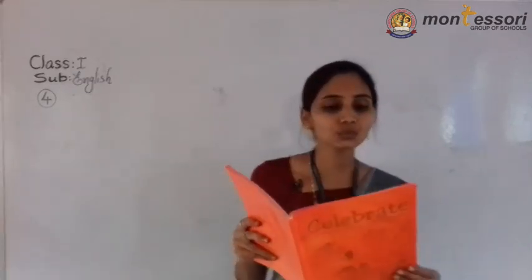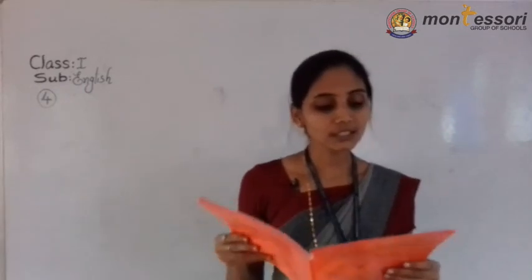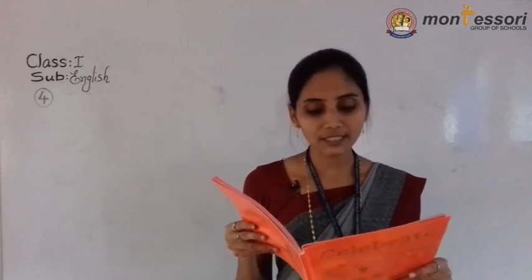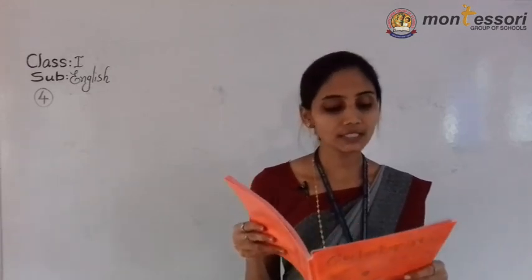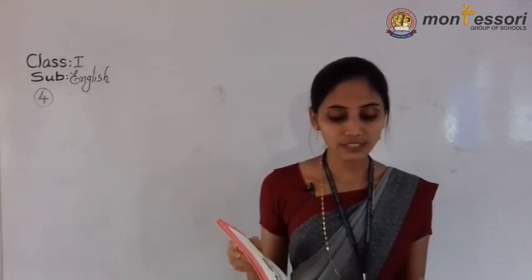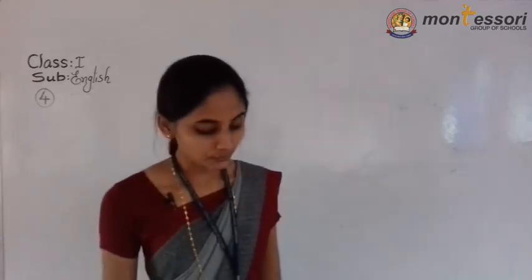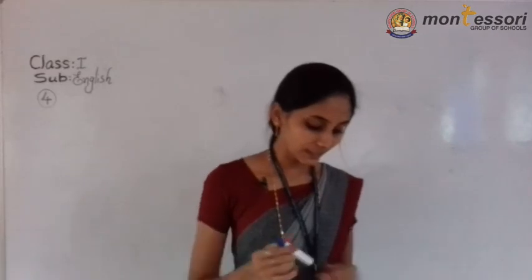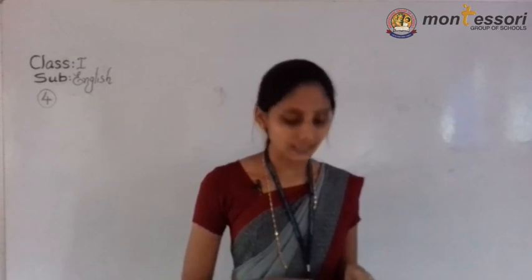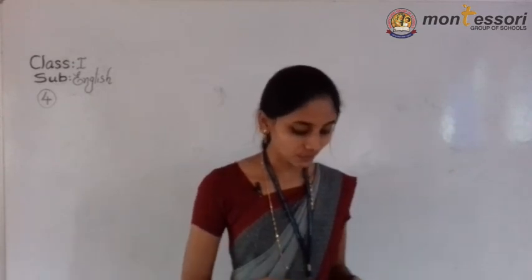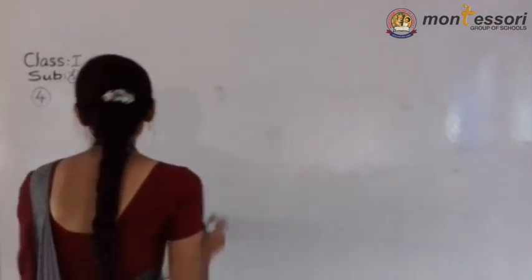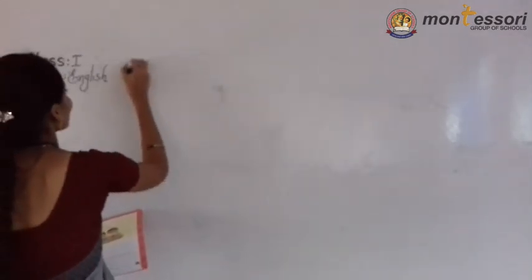Now what we have to do: look at the words below and look at the picture again. Do you see them in this picture? Circle them if you see them. What are the names given there? If you find it in that picture, you have to circle it. A part.